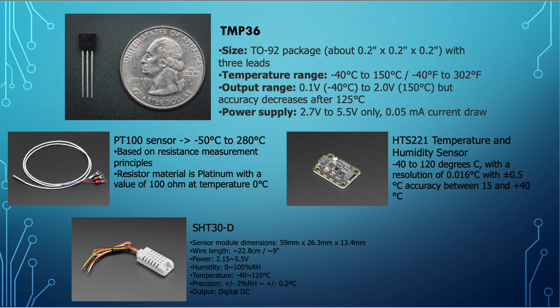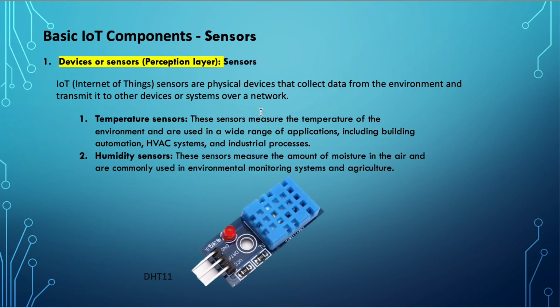One of the main points highlighted in the last lecture was that when we are talking about temperature sensors or humidity sensors, there is no single type of humidity sensor and no single type of temperature sensor.